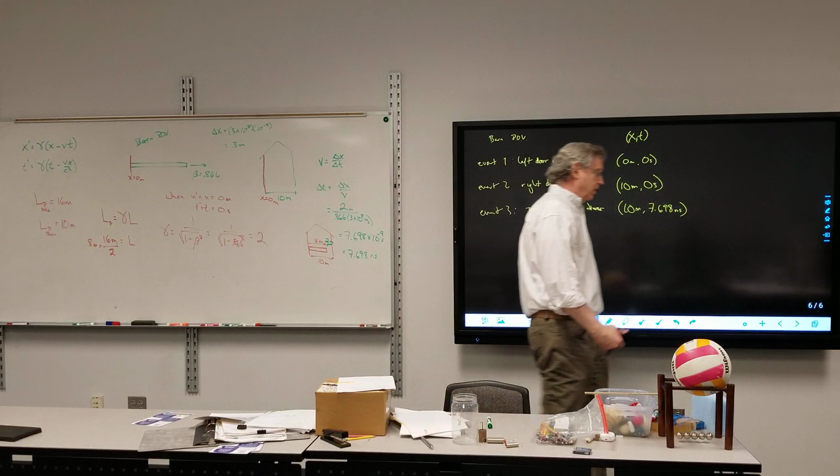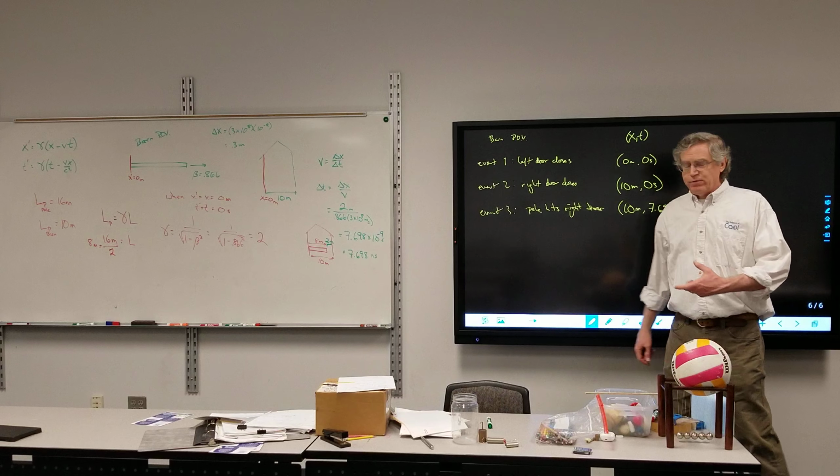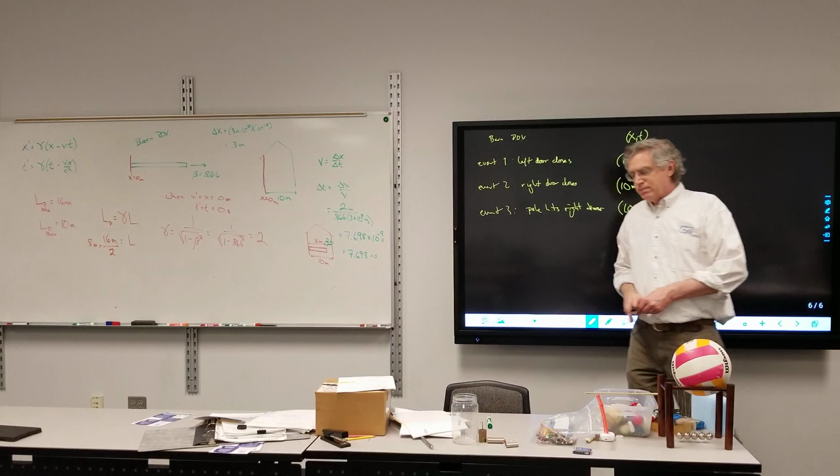All right, so now let us figure out what it is from the pole's point of view. Because from the pole's point of view, the barn is rushing towards it.